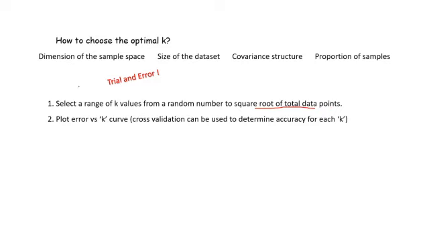So error is your y and k is your x. This gives you an idea of how the error changes with the k value. And then we select the k with the lowest error rate. That gives the best fit and stability, so we just select that from the plot. And this is how we do that.